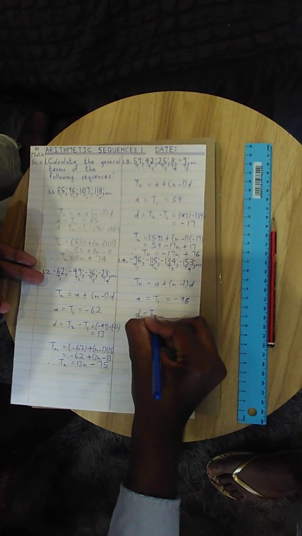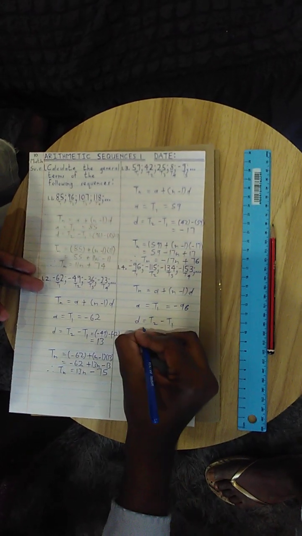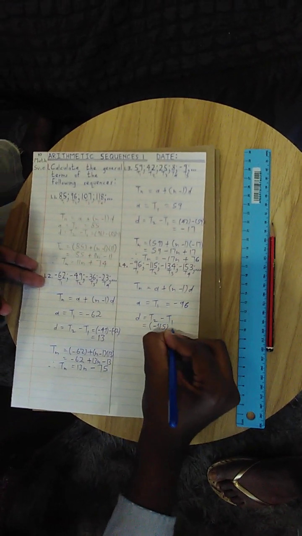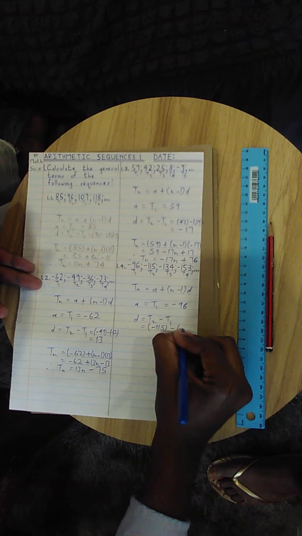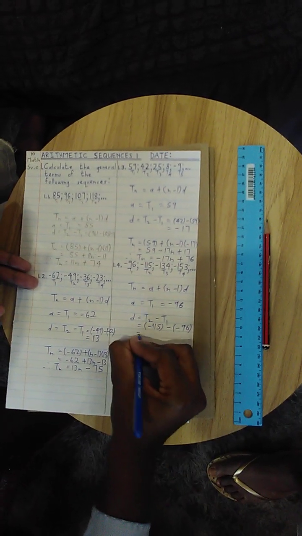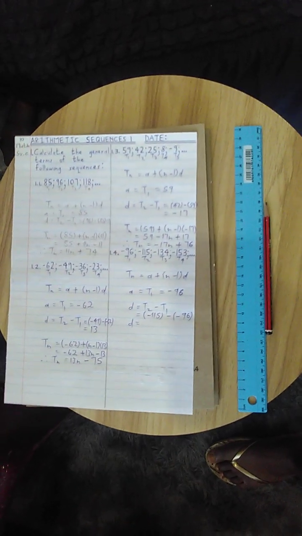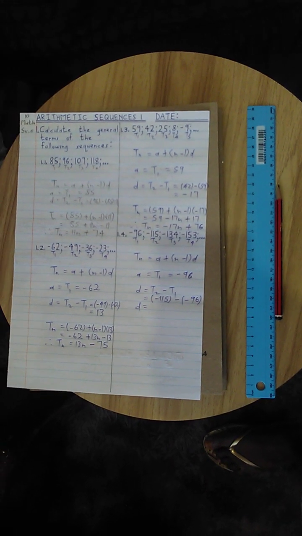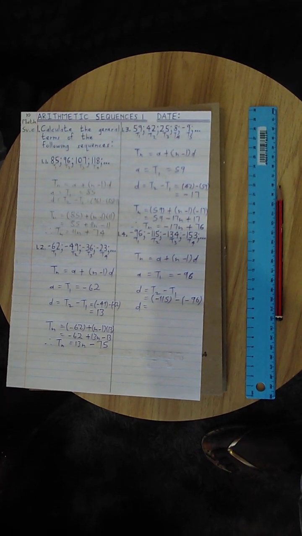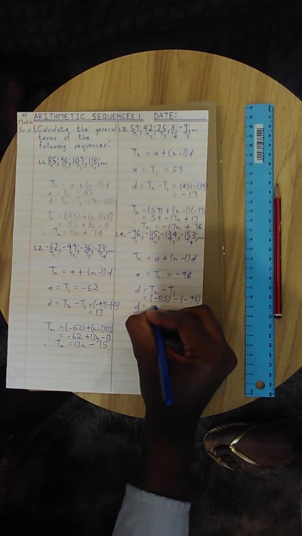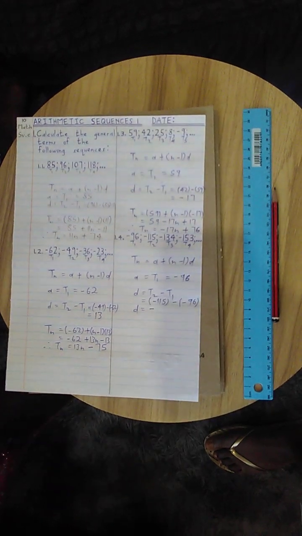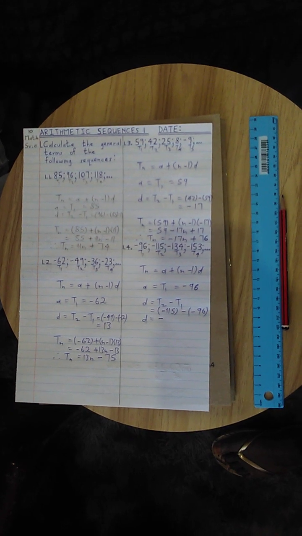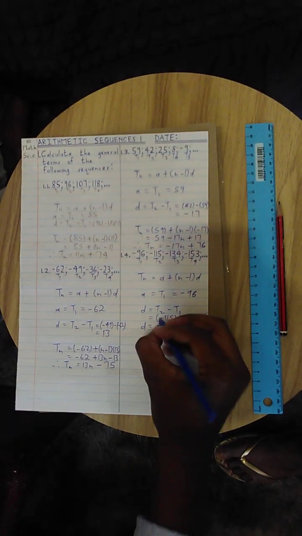D is T2 minus T1, which is negative 115 minus negative 96. Oh, sorry, negative 19 rather.